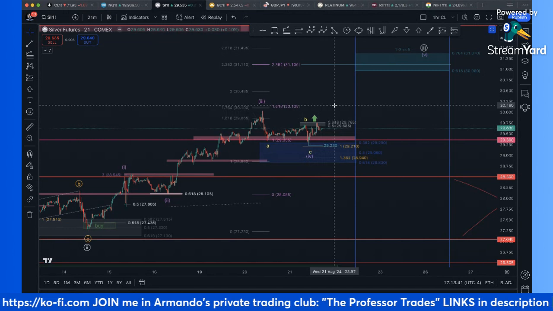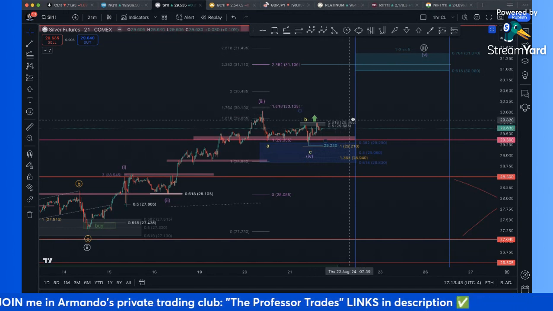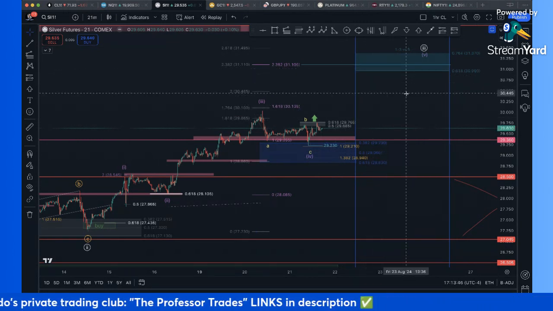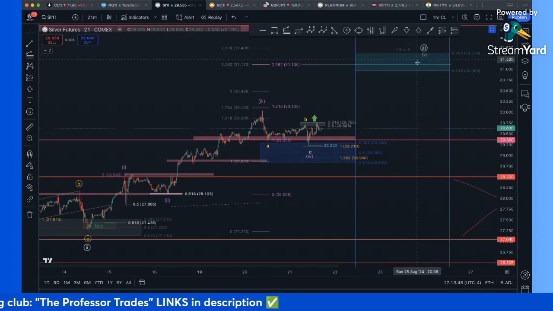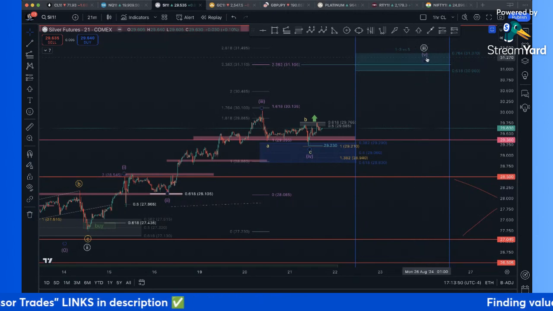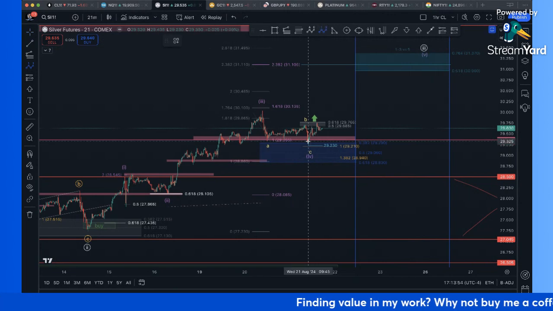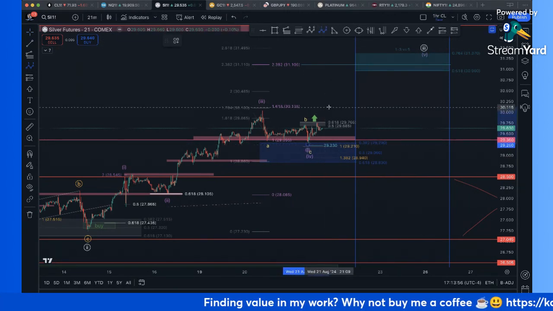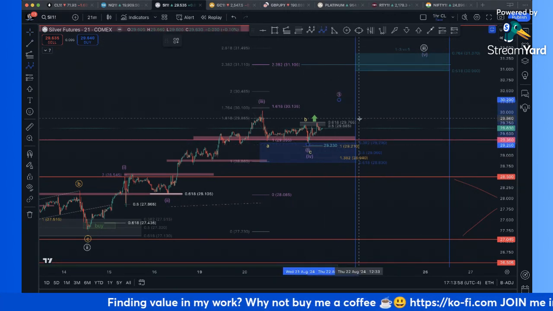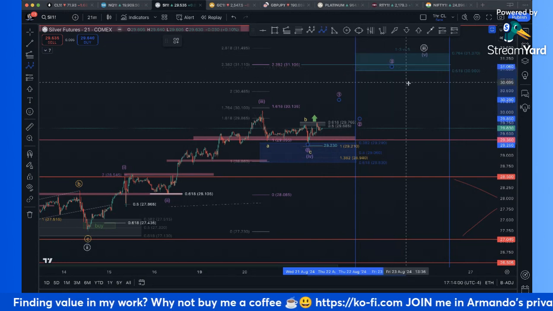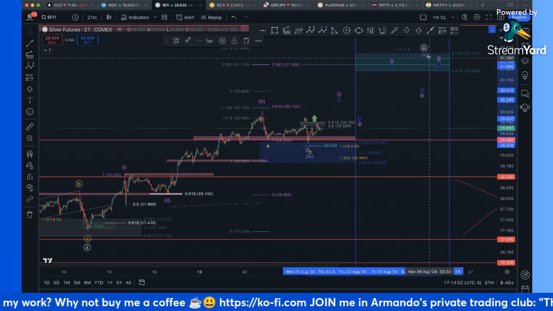But we'll look for 5 up and then a retrace, and then a continuation of a wave 3, a wave 4, and a final 5 of 3. That's the way we'll say it in Elliott wave speak. In other words, just so you visually understand, I don't know where this is going to go, but it would be something maybe along these lines, something like that.